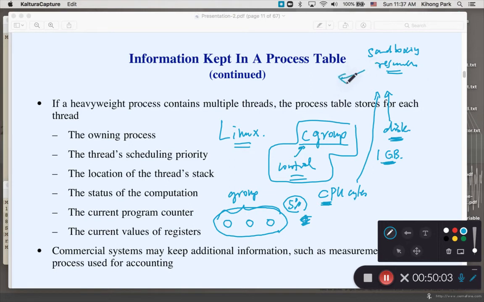Or we call this more generally resource virtualization. So each of these groups gets a particular share. How that is determined, that's a separate matter. But once that's determined, then the OS makes sure that that policy of this guy not getting as a whole more than 5% of the CPU or consuming more disk space than 1 gig, that's preserved by the actions, by the management of the OS.